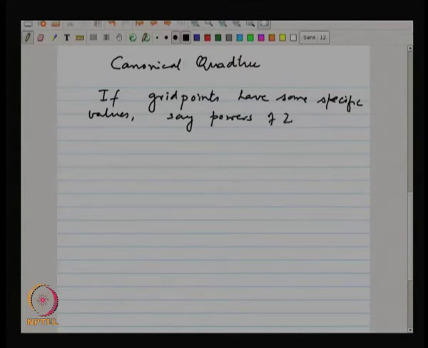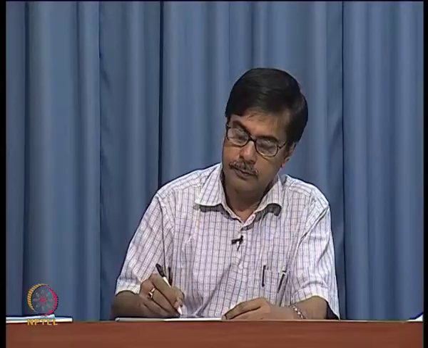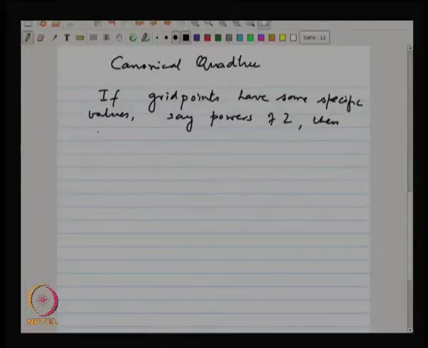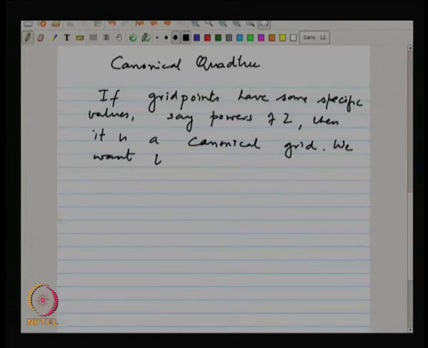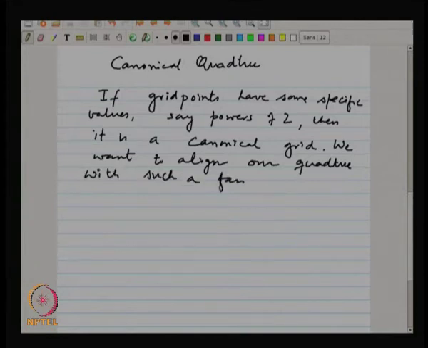Because then it is easy for us to divide, since division by 2 is very simple. Then it is some kind of canonical grid, and we want to align our quadtree with such a family of grids.